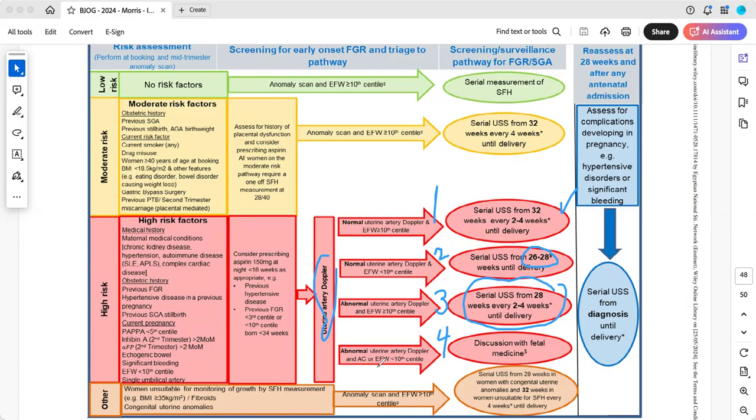So it will be discussion with the fetal medicine. But when to start the serial ultrasound assessment? Do you remember? Page 21 from the guideline says from 24 to 28, starting from the 24, okay, until the delivery. Clear, my friends? What form of ultrasound then? What form of follow-up?